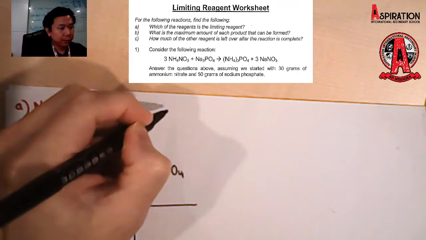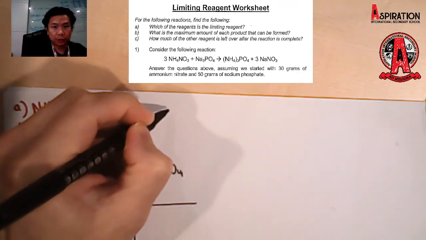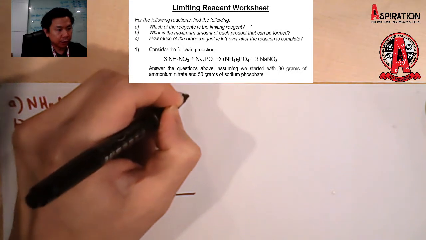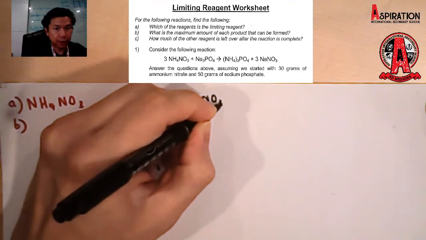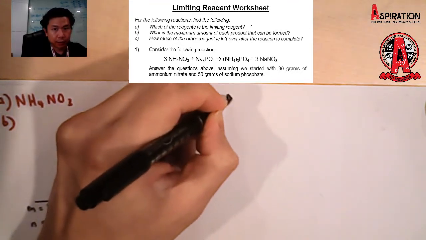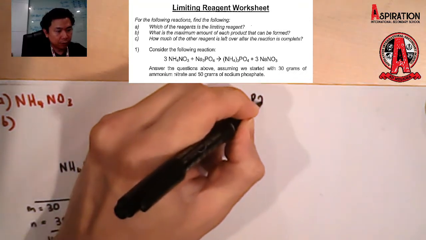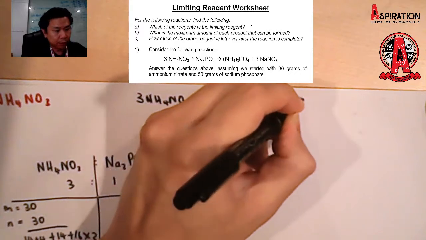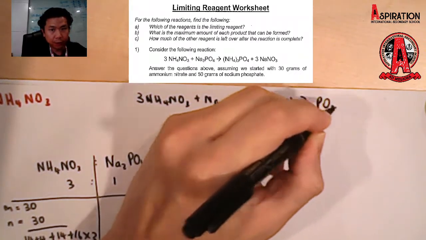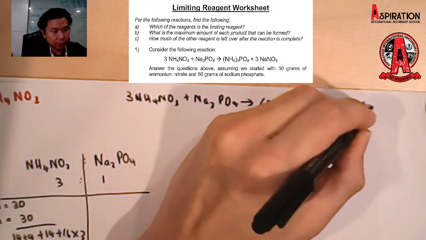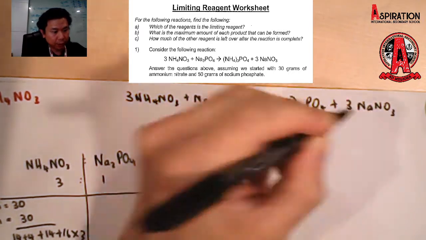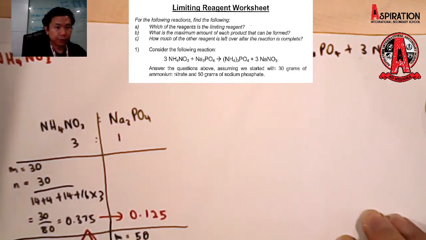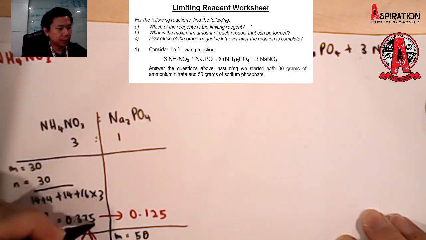So let me rewrite the equation. So you have 3 NH4NO3 and Na3PO4. You have ammonium phosphate and 3 sodium nitrate. Remember that this is the number of moles that reacted.